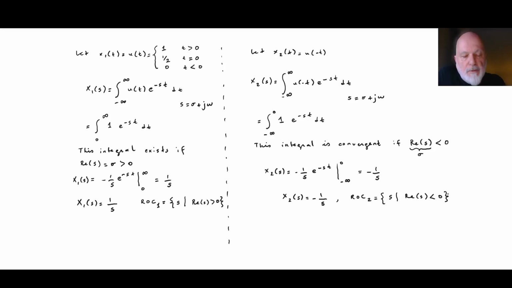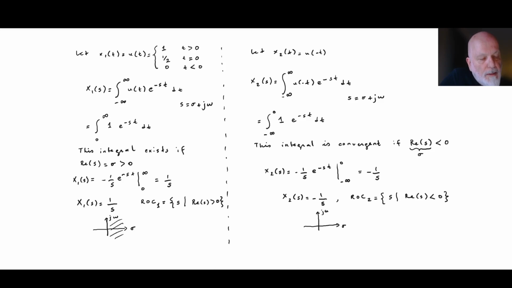In other words, if we plot the region of convergence, this is sigma and this is j omega, and this is our S-plane. So sigma greater than 0 is this half plane, and over here our region of convergence is sigma less than 0.